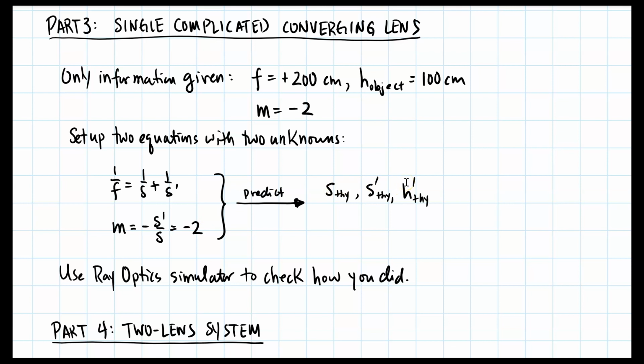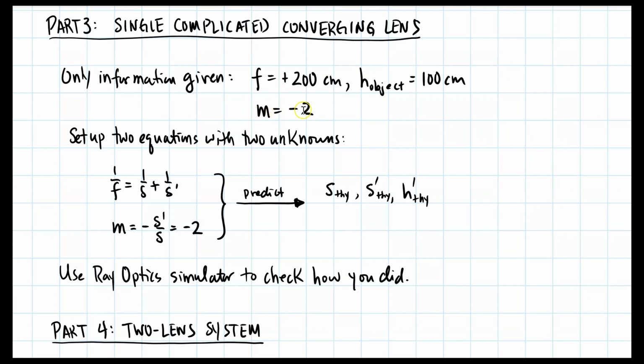Once you have that, then go to the ray optics simulator and check to see how you did with your calculation. That is, set up an object with your predicted object location, and set the height to 100 centimeters, and see if the image has a magnification of -2.